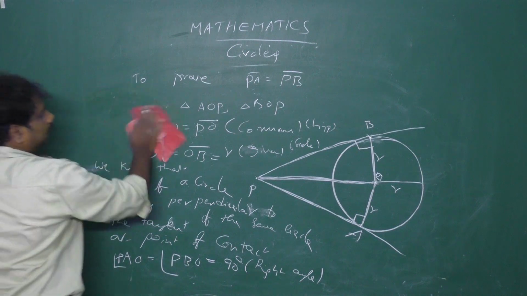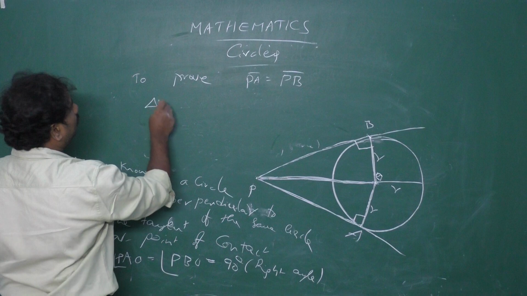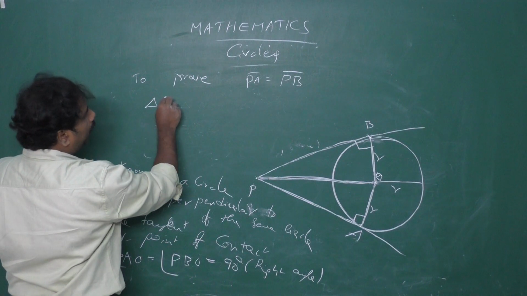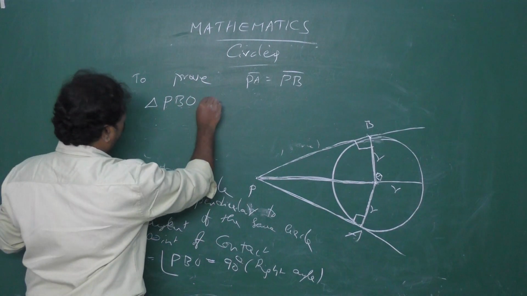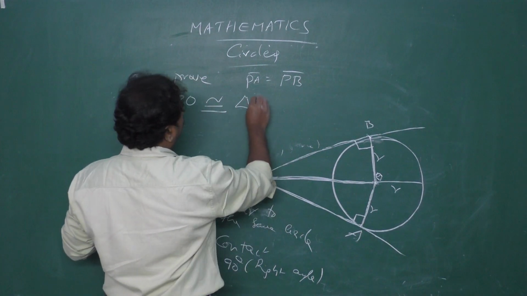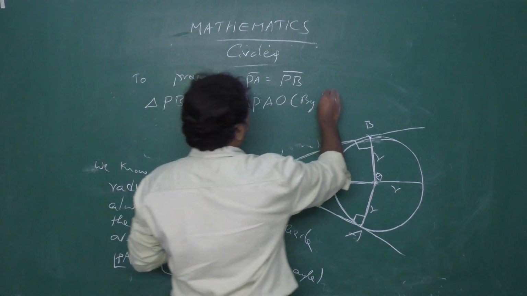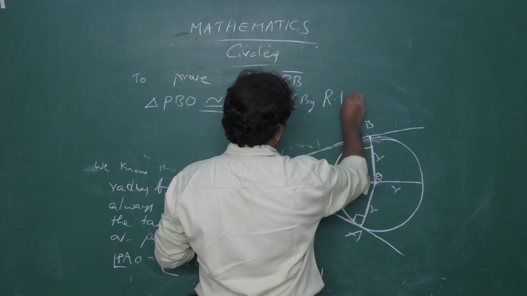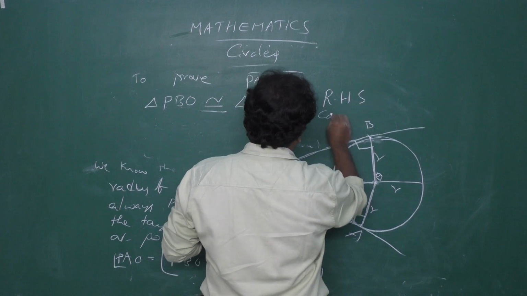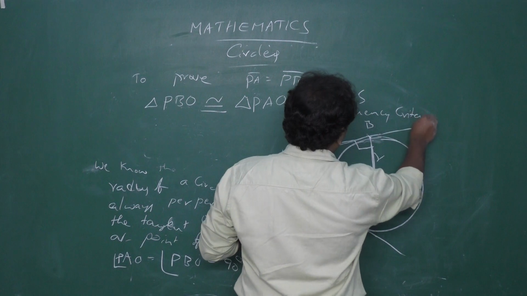So from this we conclude triangle PBO is congruent to triangle PAO by RHS congruency criteria.